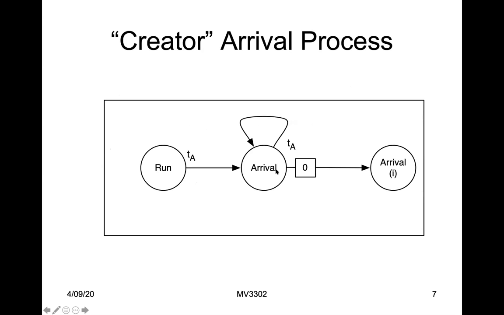Here's our arrival process piece, but we add to it that at every arrival event, it will schedule an arrival with an argument, an integer, and it'll pass it the value 0. And so this will schedule a sequence of arrivals with an argument, each of which has an argument of 0.